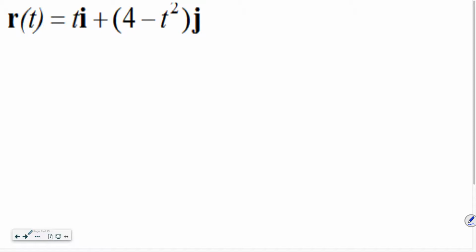Go ahead and find the derivative. So there's two t j's.